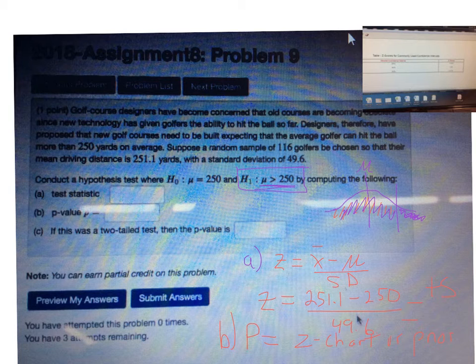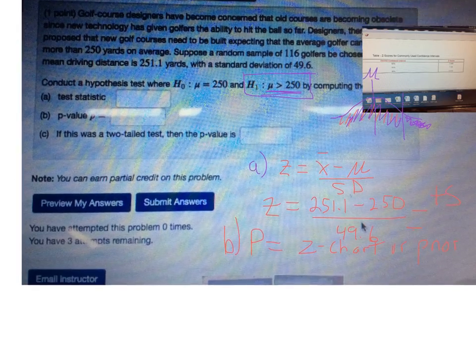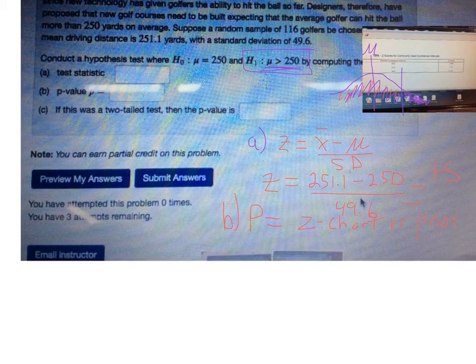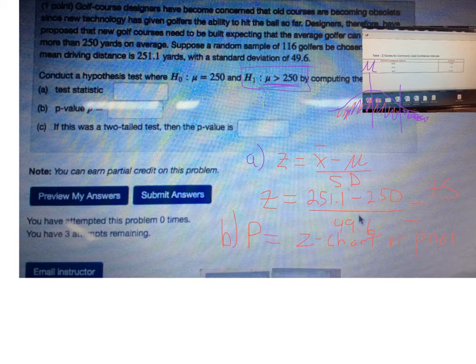Now, when we look at C, it says if this was a two-tailed test, then enter the p-value. Just looking at that question and the information you're given, if we go back for a minute to B, I said you should take the probability from your chart.